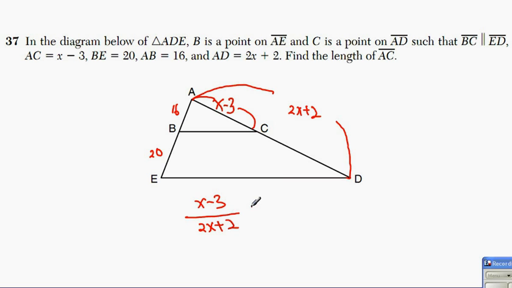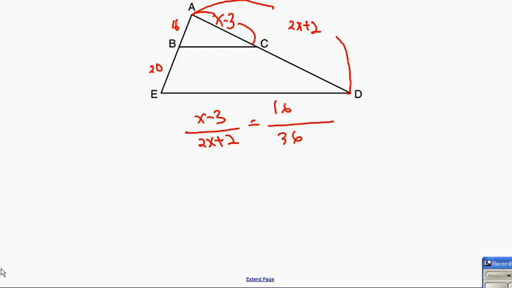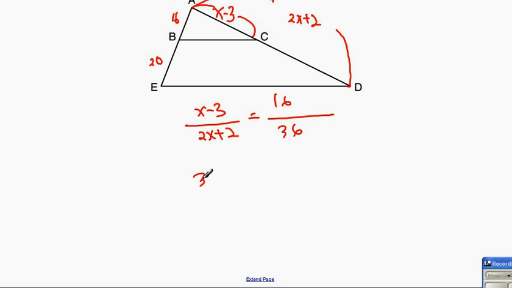Now, that must be equal to 16, which is the same proportion, over the whole thing, which will be 36. Then when you cross multiply, you will end up getting 36x minus 108, which is equal to 32x plus 32, because 16 times 2 becomes 32. So when you subtract 32x from each side, we end up getting 4x. And adding 108 to both sides, we end up getting 140.